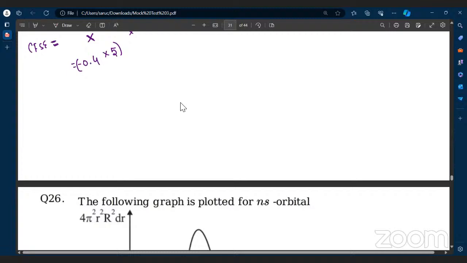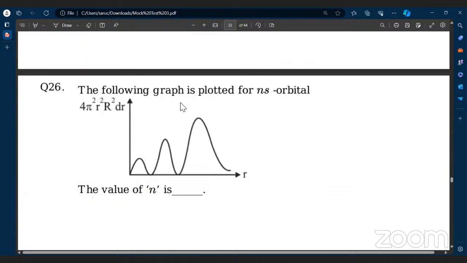Okay, so moving on, this would be the last question. The following graph is plotted for an s orbital. What would be the value of n? You have to find out for which orbital you get this. So what is the number of nodes over here?